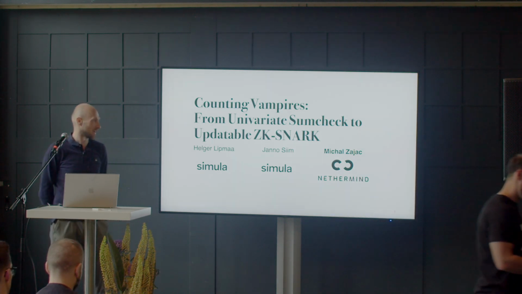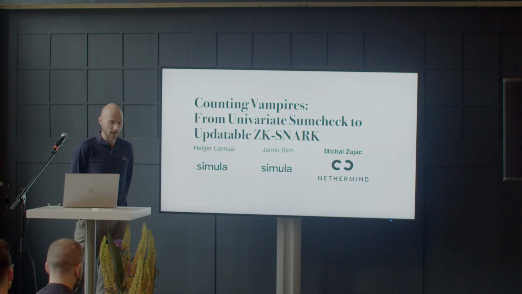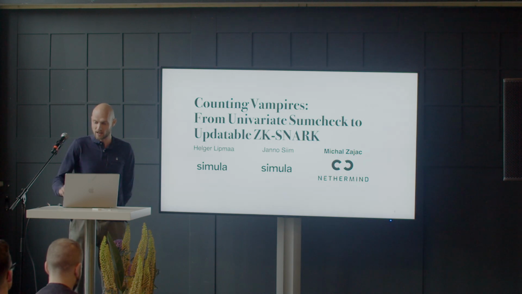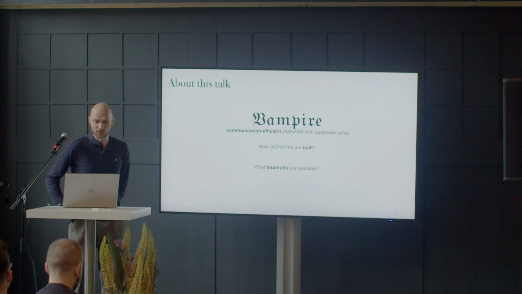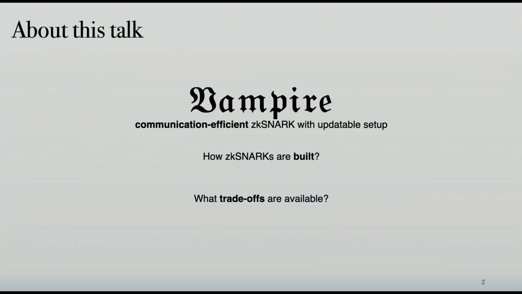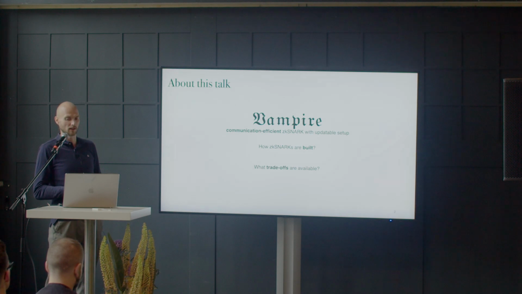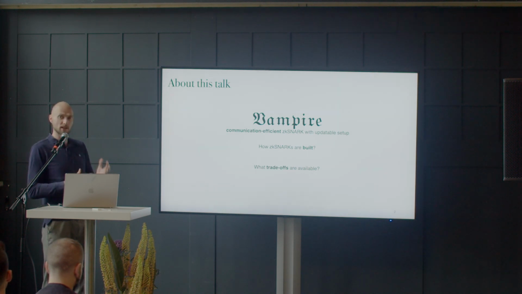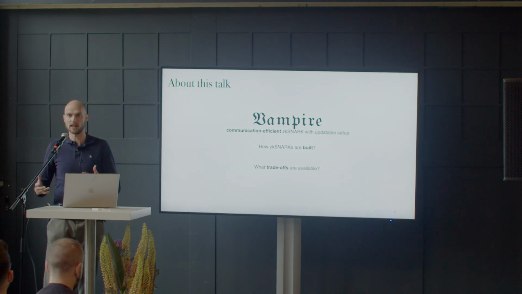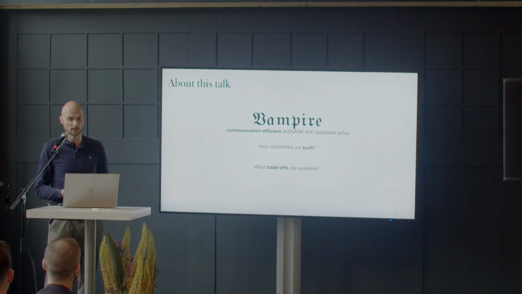It's a joint work with Helger Lipma and Jano Sim from Simula. As introduced, I would like to talk about Vampire, the most communication-efficient zkSNARK with updatable setup. But more, I would like to talk about how virtually any zkSNARKs we have are built.